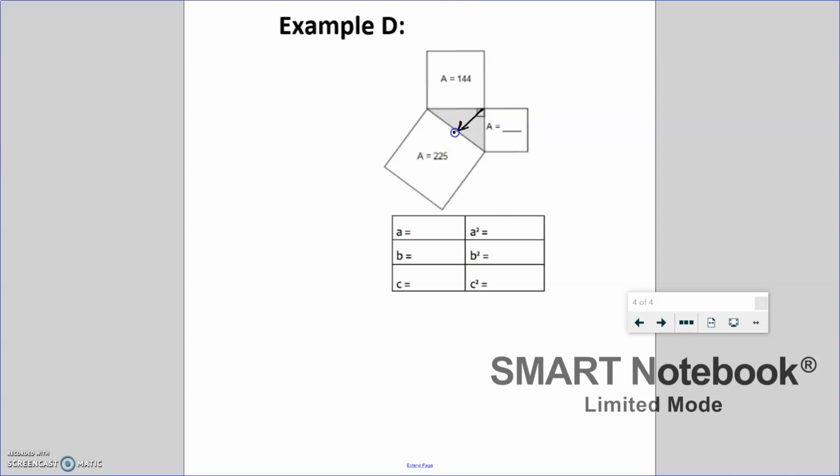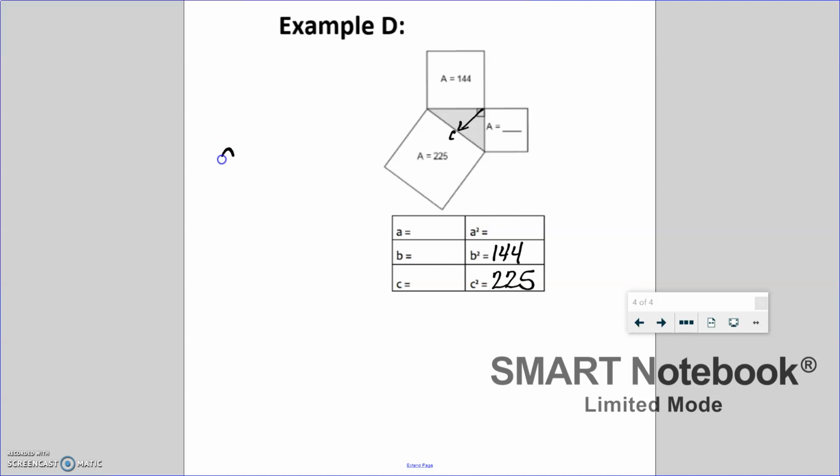So this is C. They give us the area instead of the side length. So when I plug my numbers in, I'm going to put 225 under C squared because that represents the area. 144 is going to be B squared because that represents the area, okay?